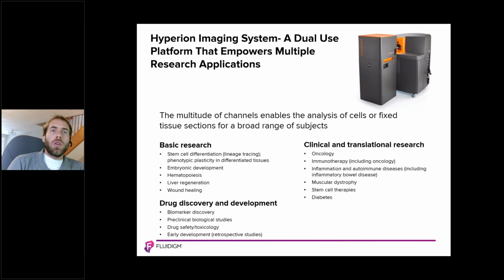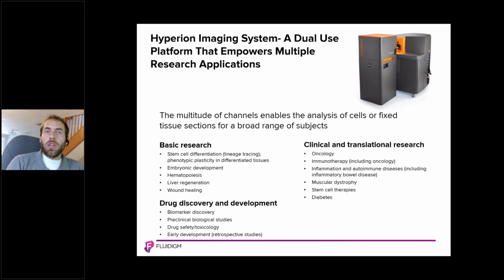It's also being used for a wide range of questions, right? People are looking at basic research questions, looking at stem cell differentiation, embryonic development, hematopoiesis. People are also looking at drug discovery and development questions, looking at different biomarkers, preclinical biological studies, and early development retrospective studies as well.